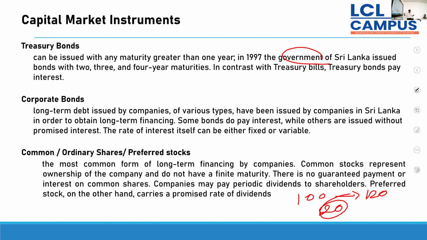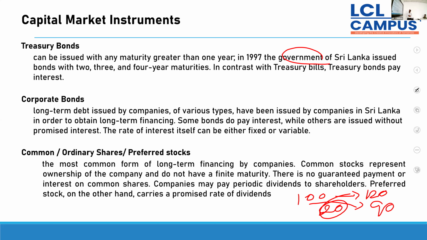Let's say this can be negative as well. You purchase for 100, but in 1 year it decreases to 90. Now you have a loss. You should bear those things because investment always bears what? Risk, right? You can't assure the return. Uncertainty and risks are there, no?